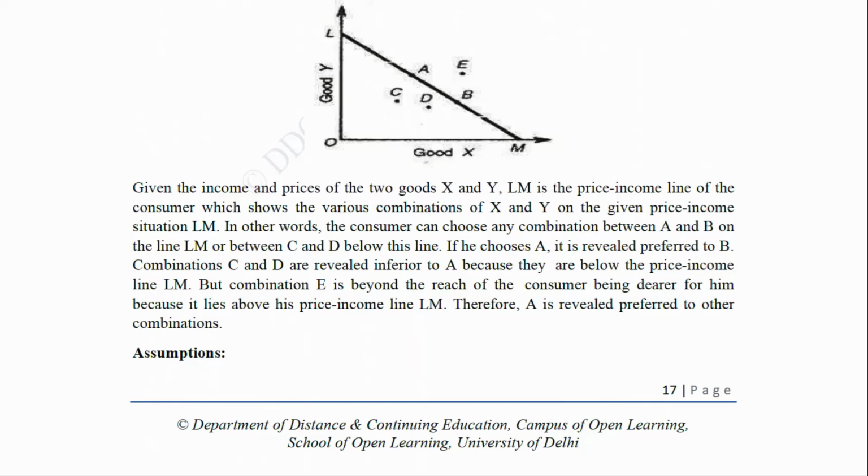If he chooses A, it is revealed preferred to B. Combinations C and D are revealed inferior to A because they are below the price income line LM. But combination E is beyond the reach of the consumer, being dearer for him because it lies above his price income line LM. Therefore, A is revealed preferred to other combinations.